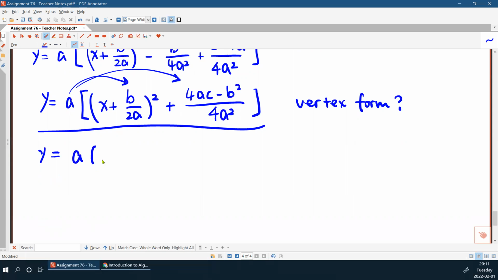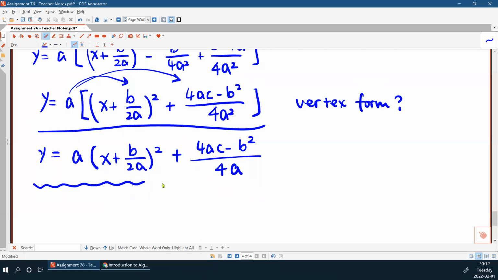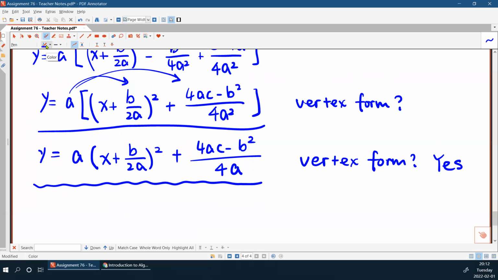This means a times x plus b over 2a squared, and then plus 4ac minus b squared over 4a, right? Can you follow me? Yes. And is this form already a vertex form? Yes, the answer is yes, right? So can you tell me, if it's in vertex form, what are the three coefficients a, h, and k?